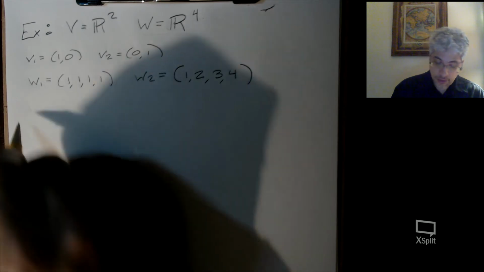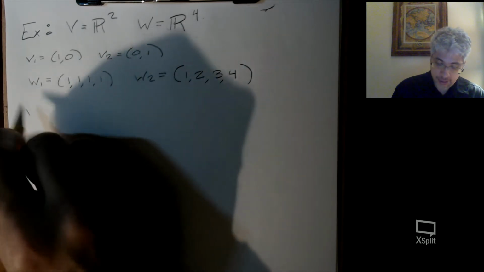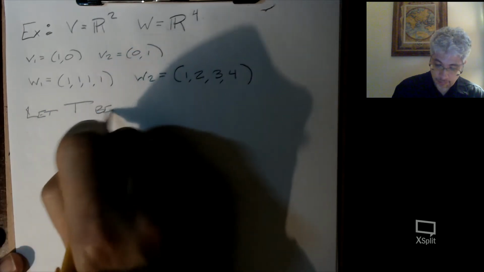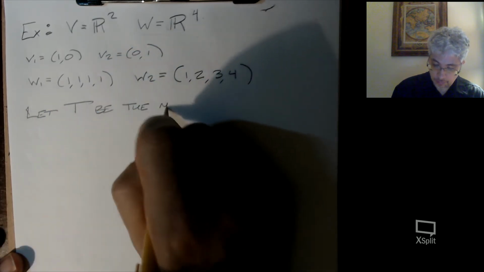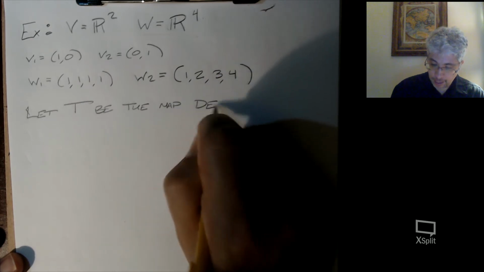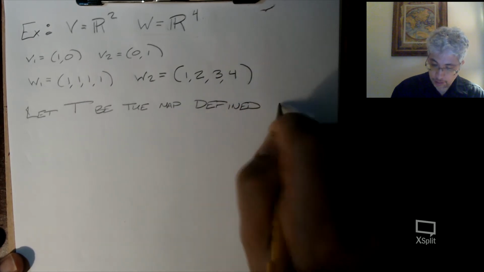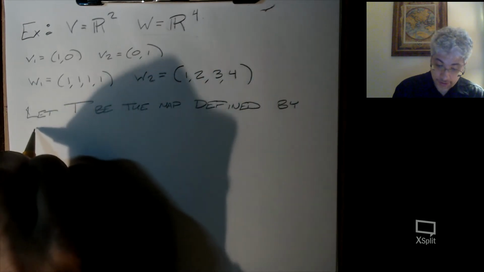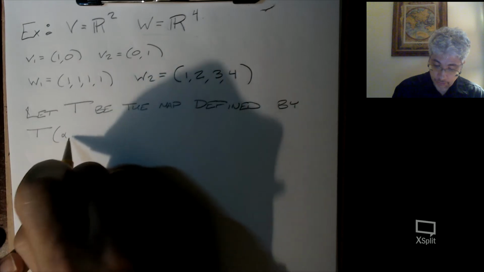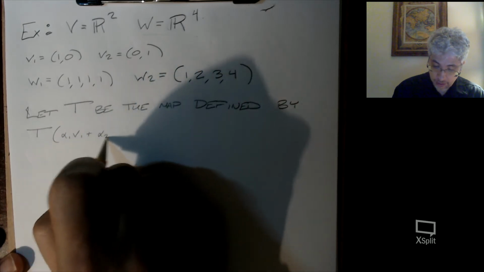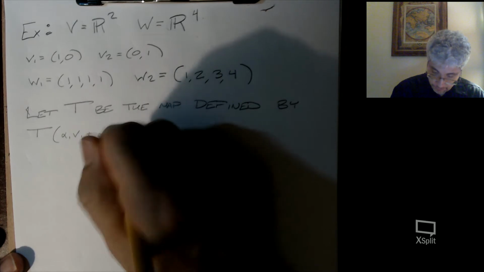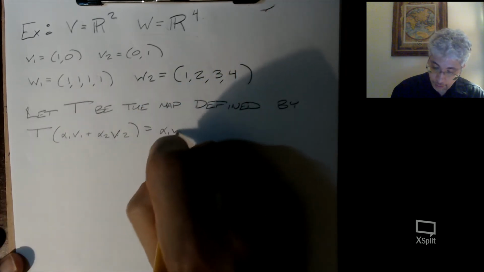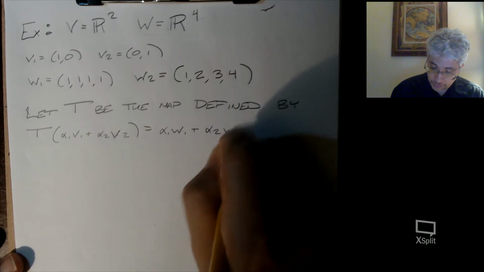That is linear. So let T be the map defined by, and this is just the definition we had in the last result, T of alpha 1 V1 plus alpha 2 V2 is equal to alpha 1 W1 plus alpha 2 W2.